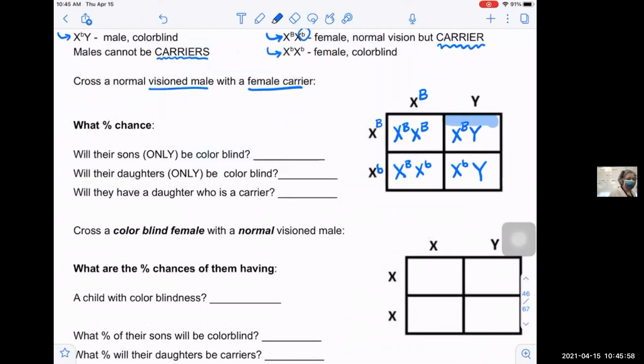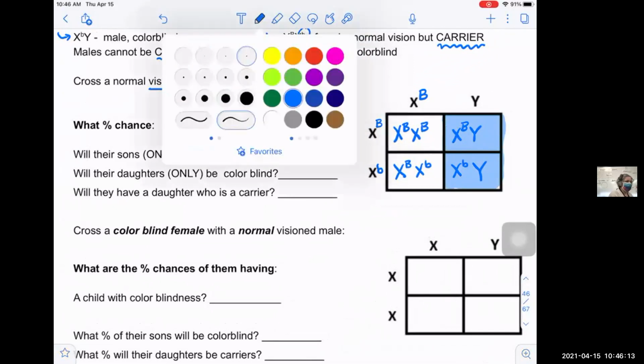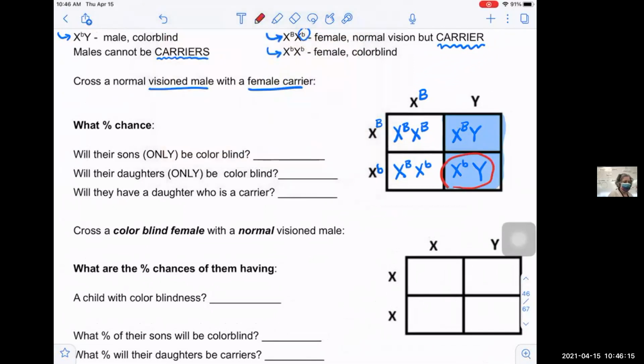If the doctor says, congratulations, you have a boy, what is the percent chance that that son will have color blindness? 50%, right? This one right here is going to be colorblind. So of their sons only, 50% will be colorblind. How about their daughters?